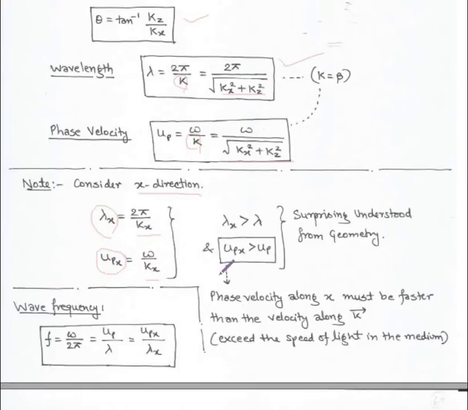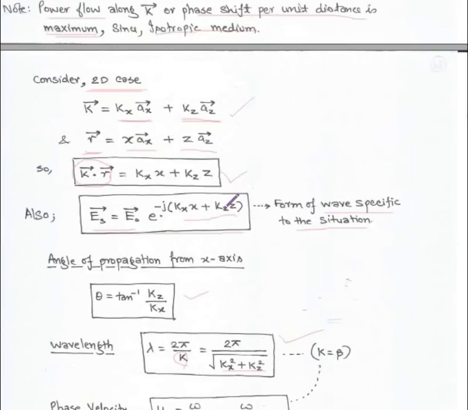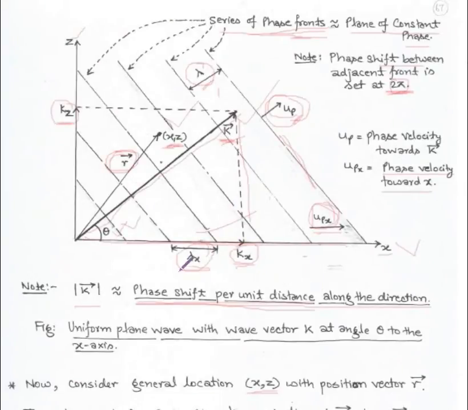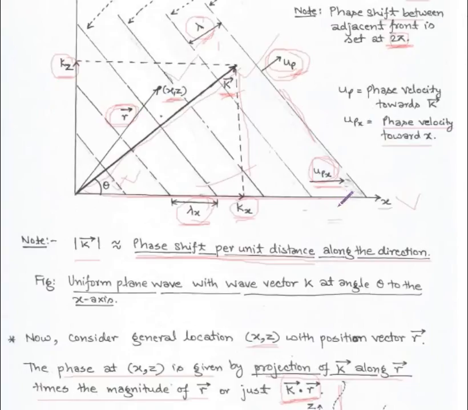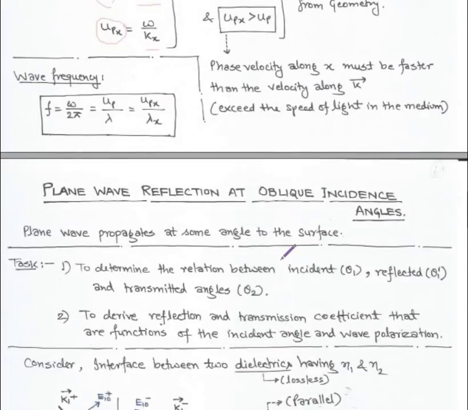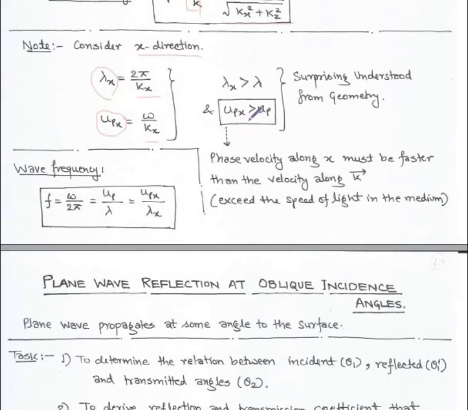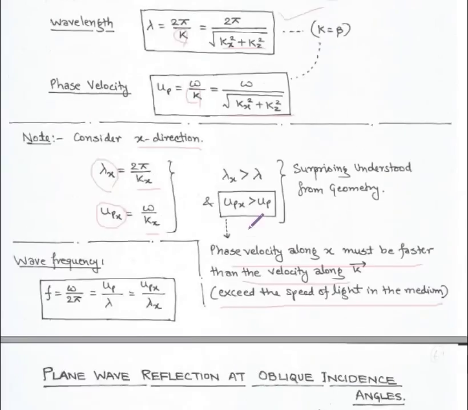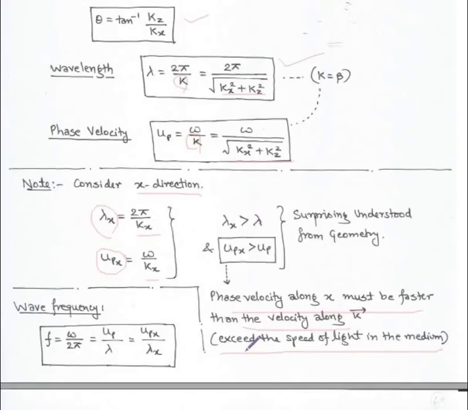And from the geometry there is a surprising result: the wavelength along the x-axis is greater than the wavelength along the k vector. Also the phase velocity along the x-axis is greater than the phase velocity towards the k vector. So we can say that the phase velocity along x must be faster than the velocity along the k vector. That exceeds the speed of light in the medium, and here the medium is an isotropic medium.